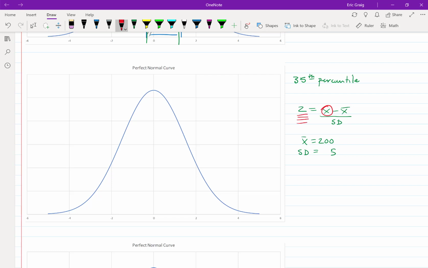So what do we do? Well, we go back to the table now, and instead of looking for z-scores, we look for proportions. We look in the section of the table headed either area A, area B, or area C. So let's say we're looking for that 35th percentile.